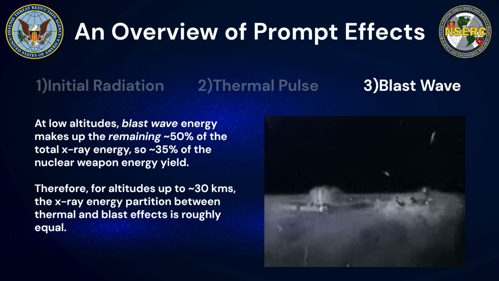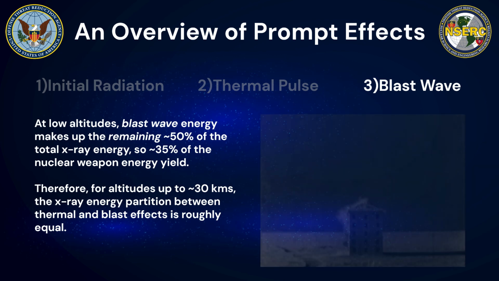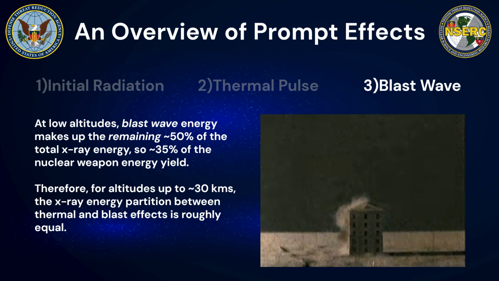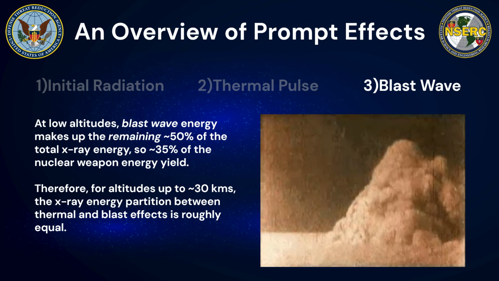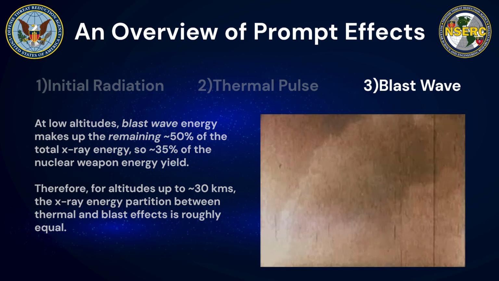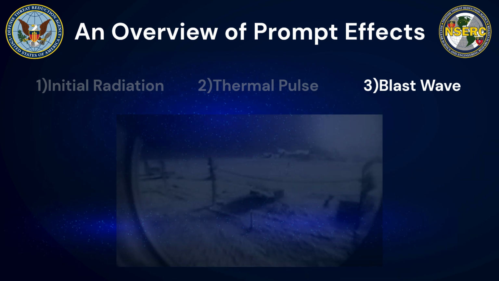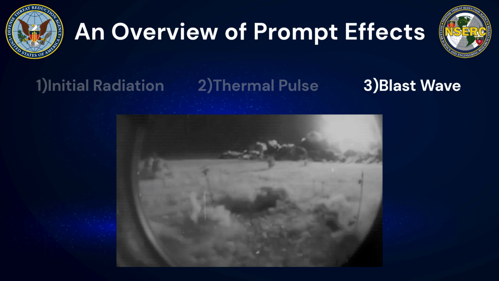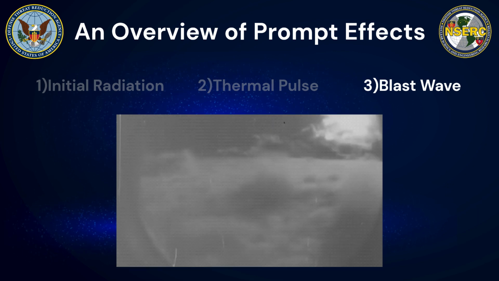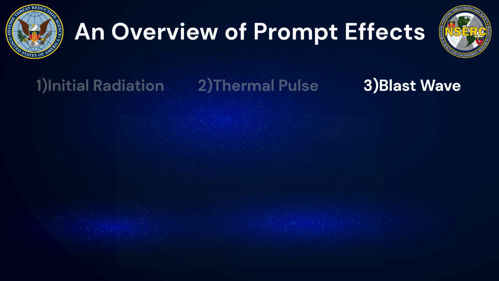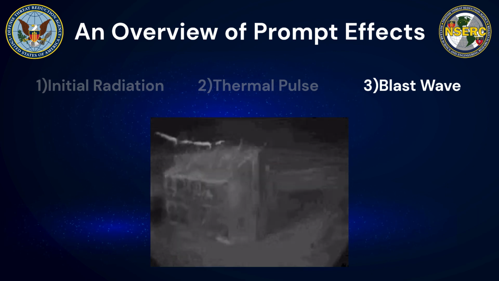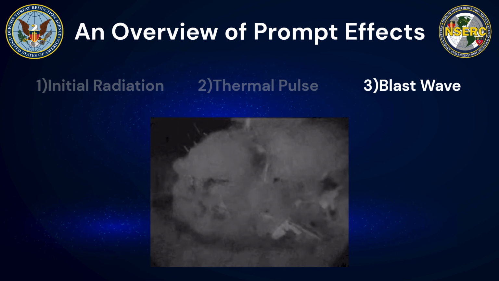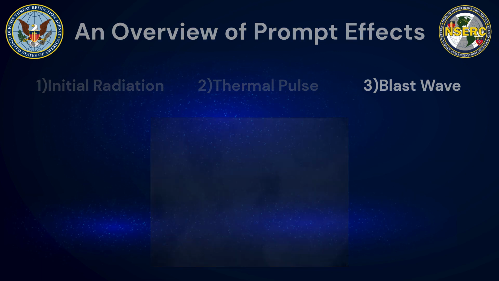As such, the blast wave always interacts with objects after the thermal pulse arrives, and, just like the thermal pulse, the blast wave loses energy as it expands further from the nuclear detonation site. Nevertheless, blast waves produced by nuclear weapons are extremely dangerous and capable of flipping vehicles, destroying buildings, and damaging other forms of infrastructure if the overpressures are sufficiently high, a function of weapon yield and proximity.